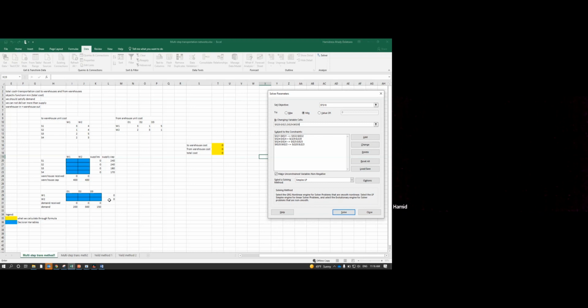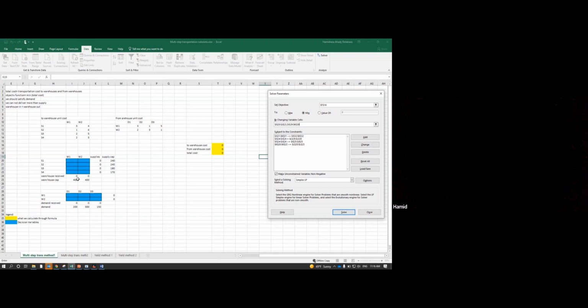It just says whatever comes to the warehouses should be equal to whatever goes out of the warehouses. Look at the third one: I24, J24 should be less than or equal to I25, J25.